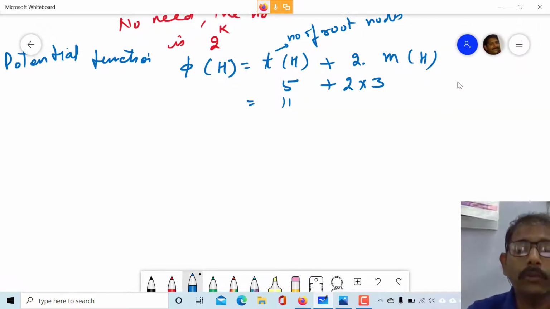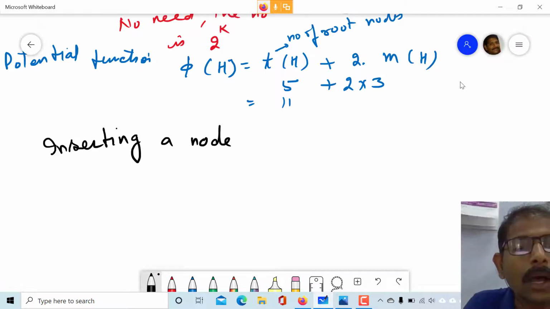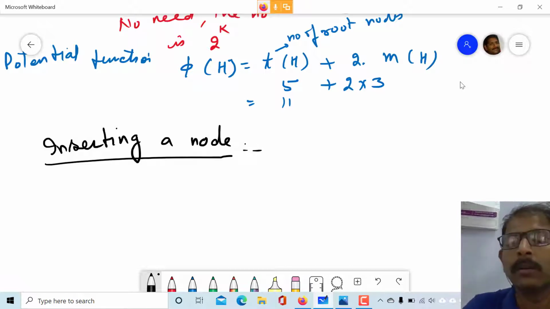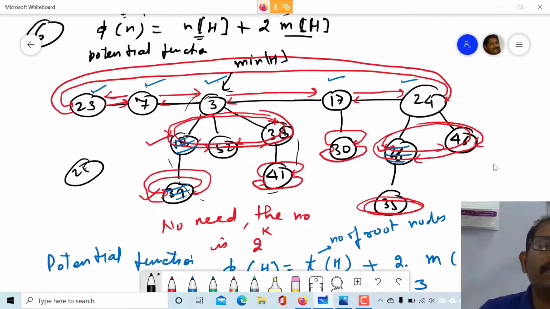Okay. Now you want to insert a node. How can you insert a node? 3 has the minimum value, so min h will be 3. If you want to add 25 here, 25 will be compared with 3, and 25 will be inserted at the previous junction, that means here.